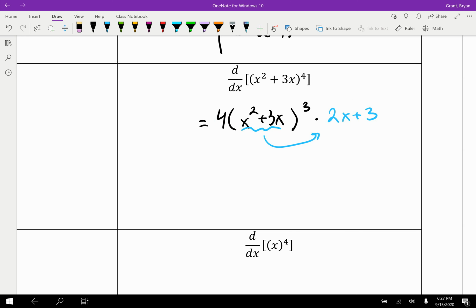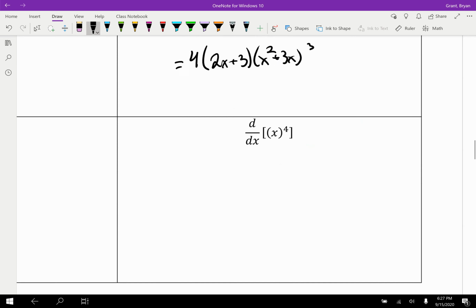So we need to be very careful, especially when using the chain rule, to group the derivative together so we see the derivative is multiplying by the entirety of that first part, that dy du, if you will. Can you clean this up further? Not too much. You could rewrite this as like 4 times 2x plus 3 times x squared plus 3x cubed if you wanted, if that makes you feel better, but there's nothing too much else there.